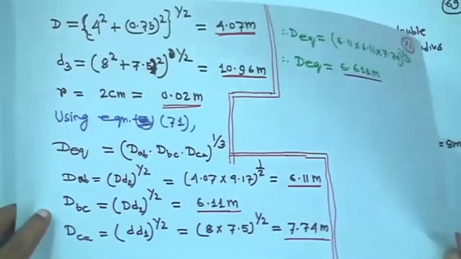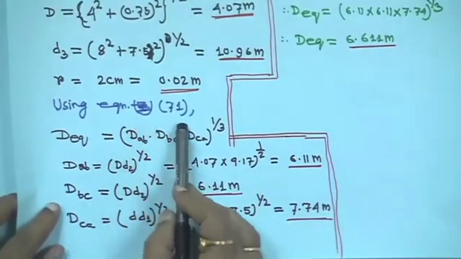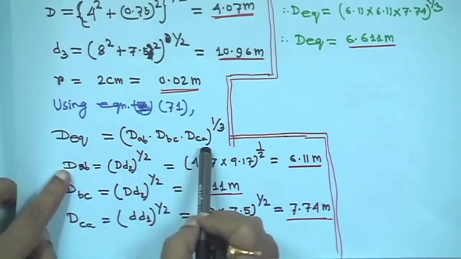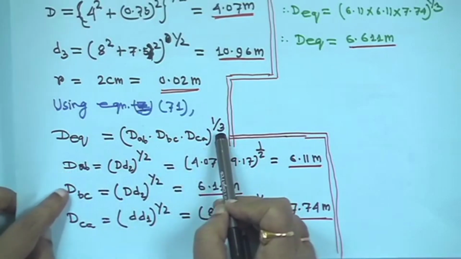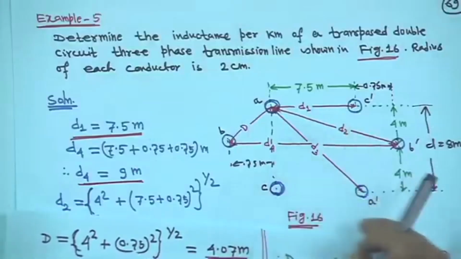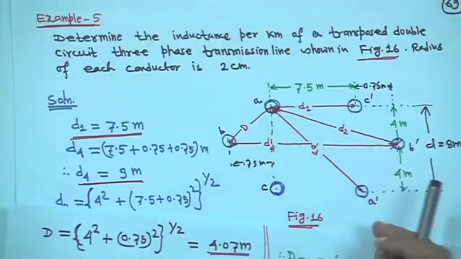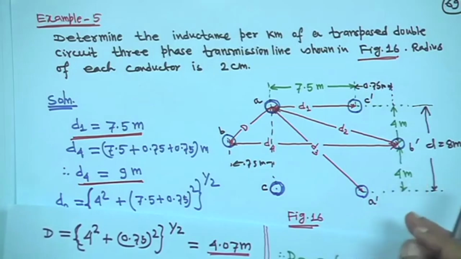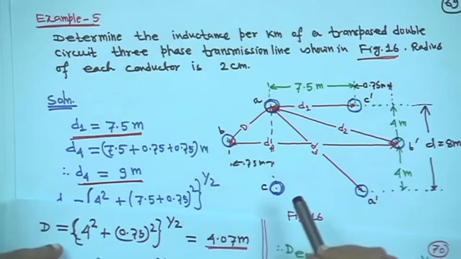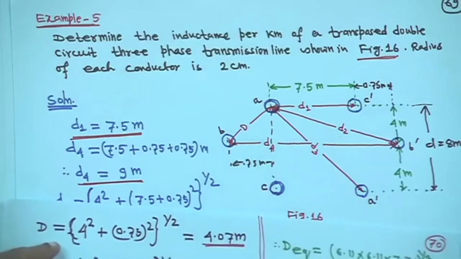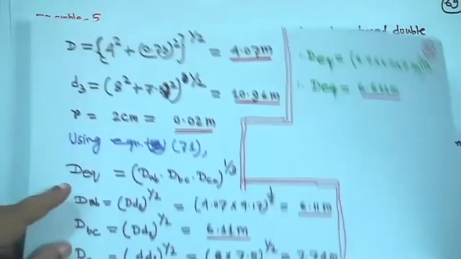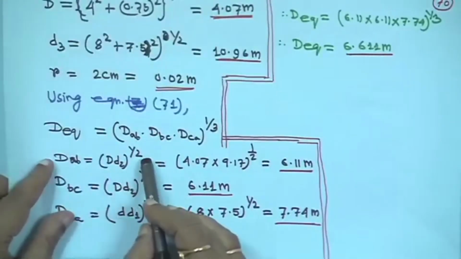After that, equation 71, first DEQ. So, DAB, DBC, DCA to the power 1/3, it is a symmetrical thing. Between phase A and B, just as previously we have seen the expression of DAB, BC, CA, in the same way, DAB will be d into d2 to the power half.